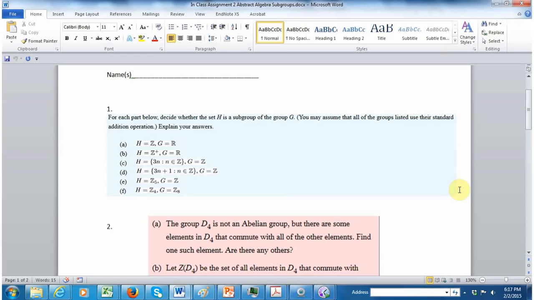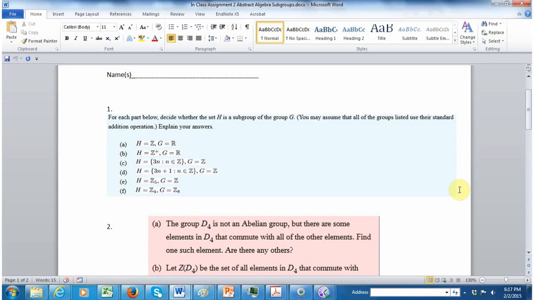Now, E and F are very interesting. I think whoever wrote this book had an interesting way to start twisting you. Z5 is addition modulo 5. It's these boxes. The objects in them are not actual integers. They are something else. So Z5 is not a subset of Z to begin with.